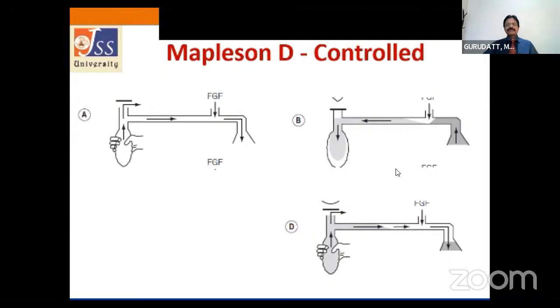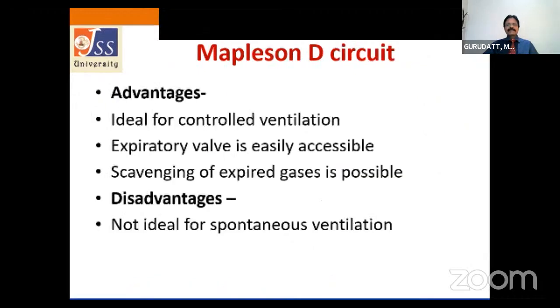So there are a lot of advantages with Mapleson D for controlled ventilation, and the requirement of gas is just equal to either one minute ventilation or even equal to the alveolar ventilation, just 70 ml per kg body weight. That is the advantage of the Mapleson D. Let us discuss all the advantages of the Mapleson D circuit.